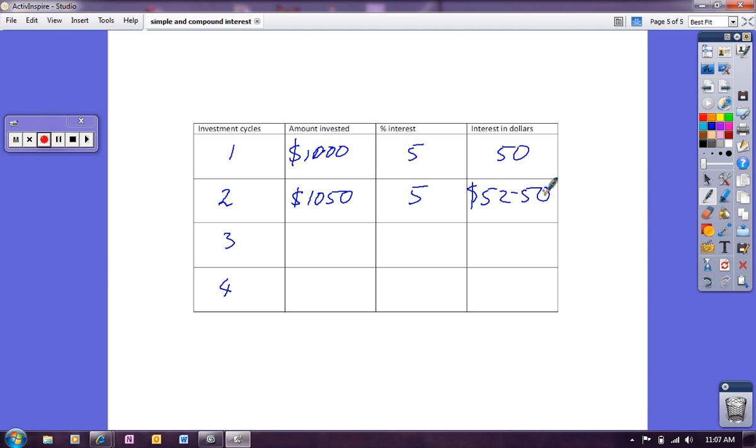And that then gets added back into my amount invested for the third year, which makes that now $1,102.50.